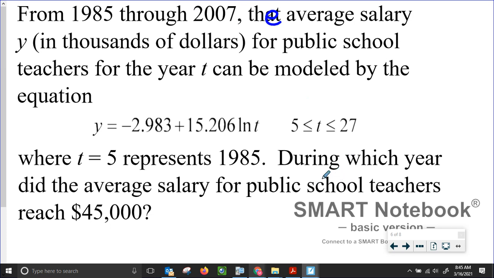During which year did the average salary for public school teachers reach $45,000?